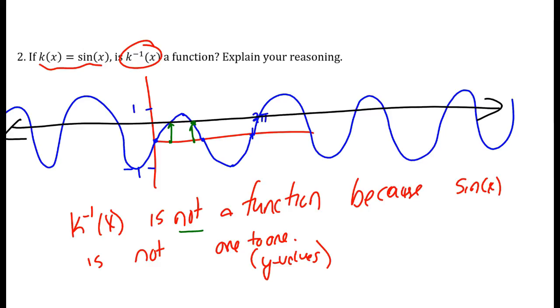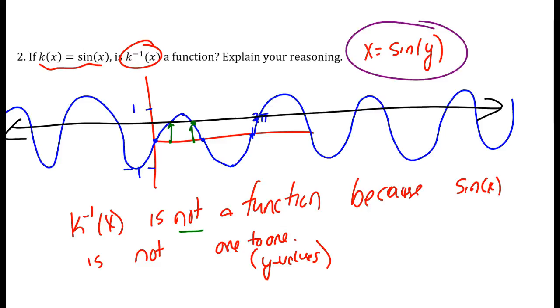So if we tried to even switch x and y here, we would get something weird like x equals the sine of y. And that's just a weird expression to deal with. You'll deal with that next year in pre-calc, actually finding an inverse of the function, which you can't find the inverse of now, by chopping its domain. But we won't get into that this year. We need to leave something for your pre-calc teachers to teach you.